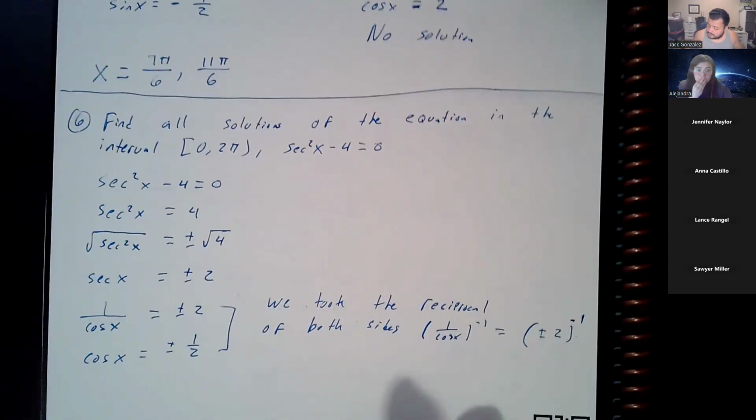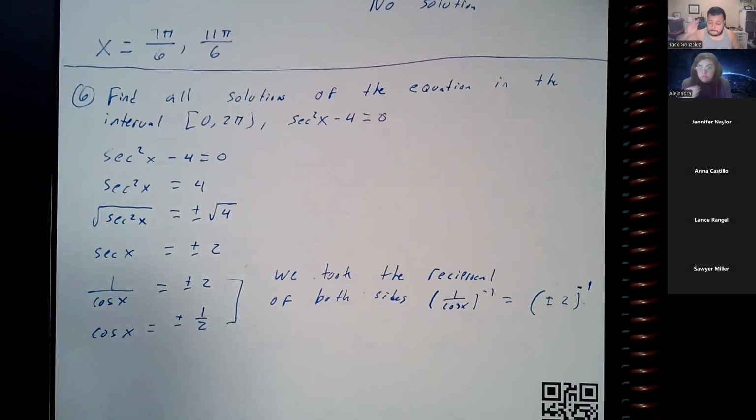Anyway, so what's the answer? Where around the unit circle do we find a half as the x value, whether that's negative or positive?